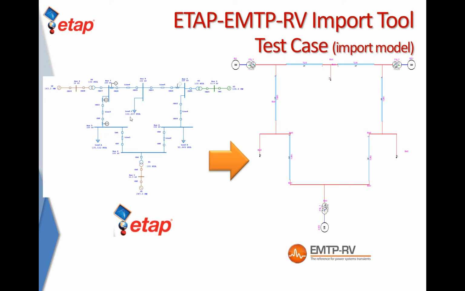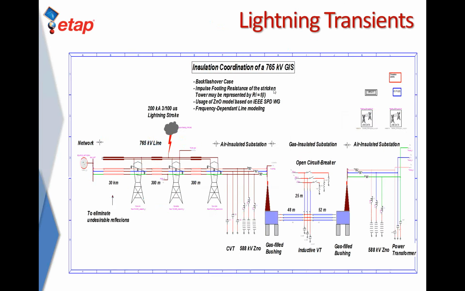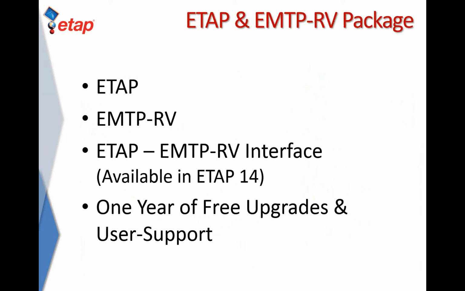All the impedance data is essentially transferred over, including the machine models are mapped together. So you can essentially enter additional information that's required for doing electromagnetic transients and then start performing your calculations. So significantly cutting down the engineering time for advanced studies.